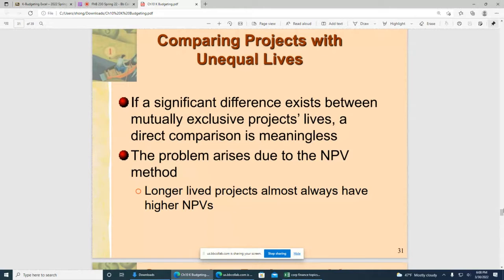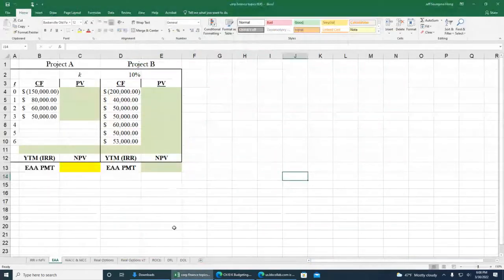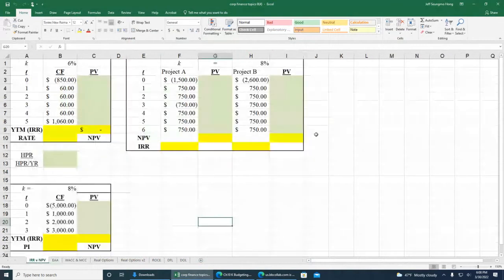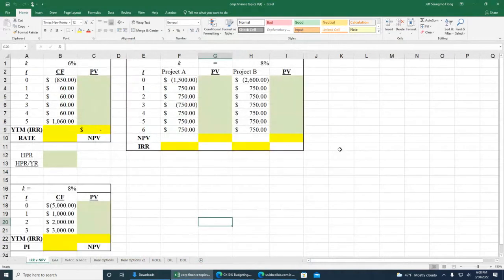You remember in these examples, project A and project B both had 6 years.